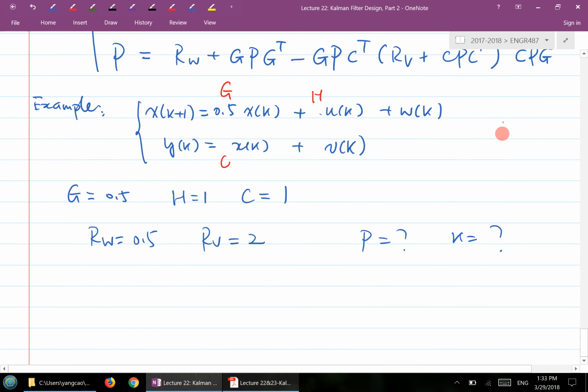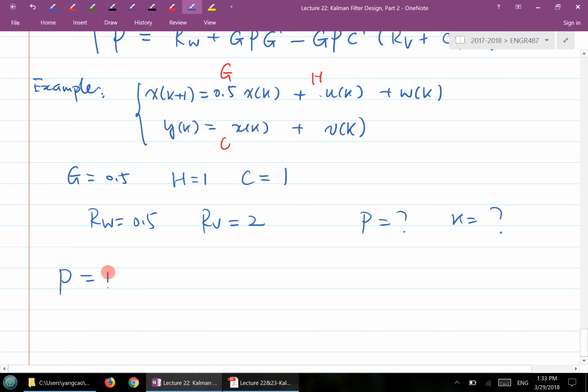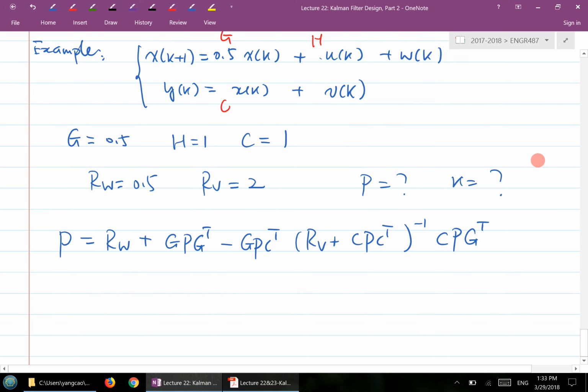So P equal to R_W plus that long expression: G P G transpose minus G P C transpose, R_V plus C P C transpose inverse, C P G transpose. R_W is 0.5, G is 0.5, C is 1, R_V is 2, C is 1, inverse, G is 0.5.